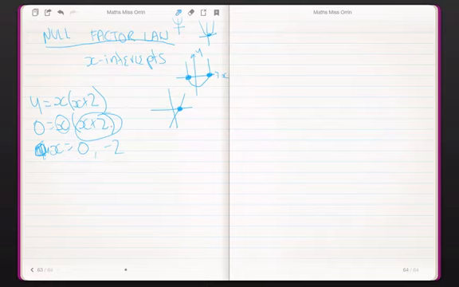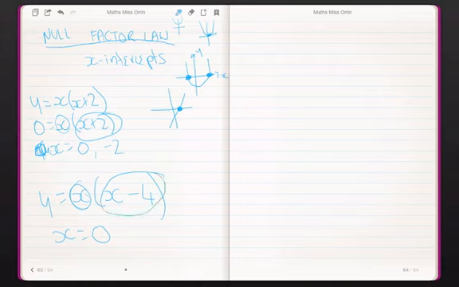Now the easy way to say this is the answer to this bit is just going to be the opposite of whatever this number is. So if it was 8, x would be negative 8, because you need this bracket to equal 0, okay? So if we had x minus 4, x would be 0 for this one, and for this one, x would have to be 4, because 4 minus 4 is 0.